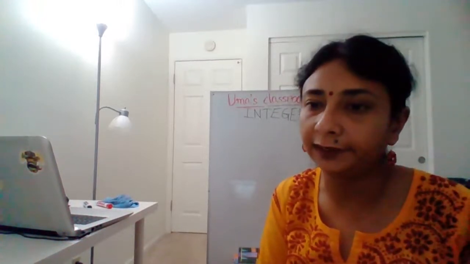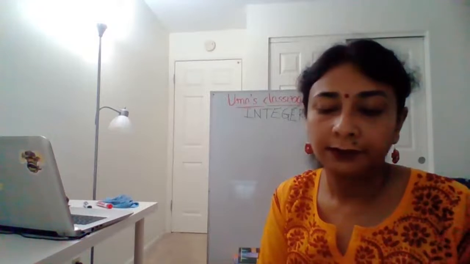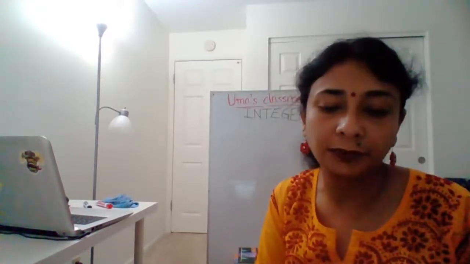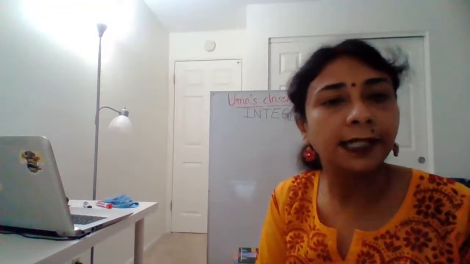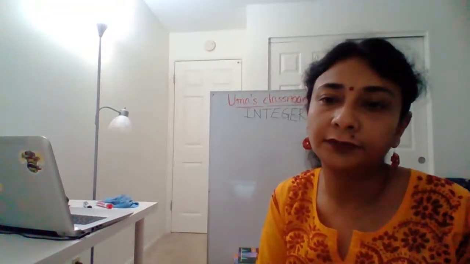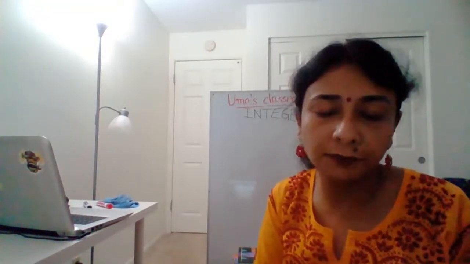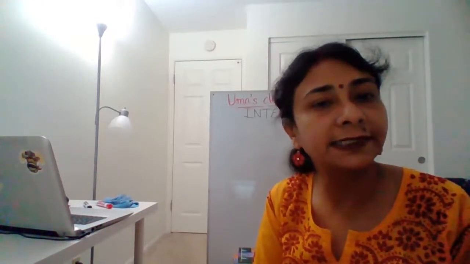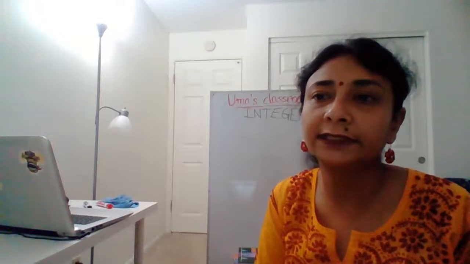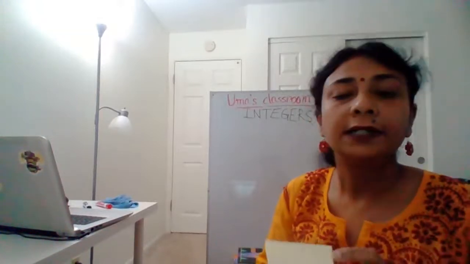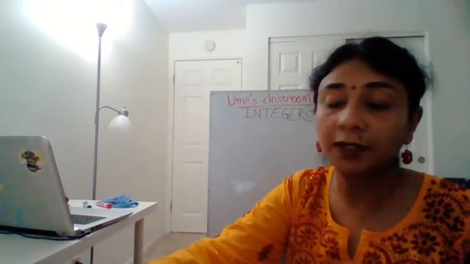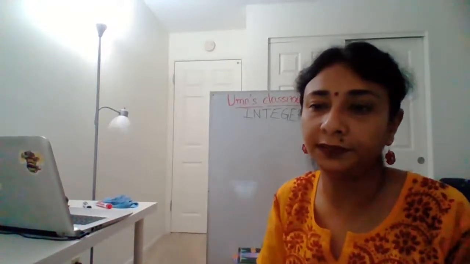Third group of integers, -4 and 12. And there is another group of integers whose members are -6 and 8. Now the question, how to find out the odd one out from this group of integers?